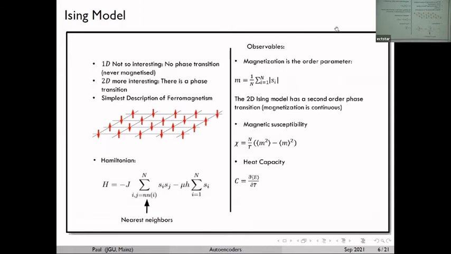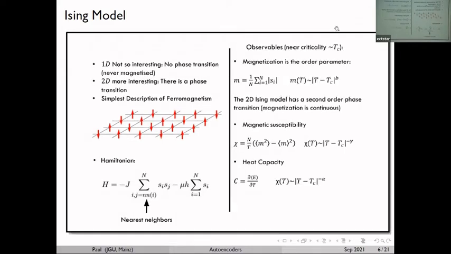And the 2D Ising model is more interesting because it has a phase transition. 1D is not that interesting. Other properties that we can compute are the observables. If we study the scaling behavior, one can extract beta, gamma, and alpha, which are critical exponents for the observables.